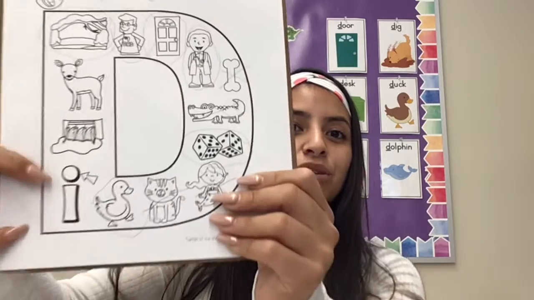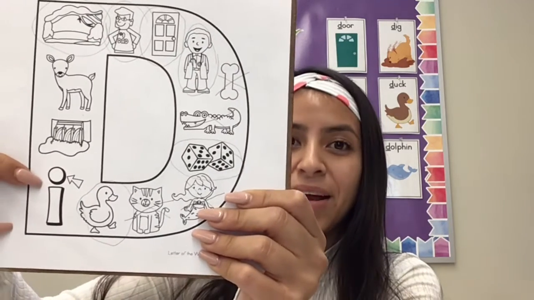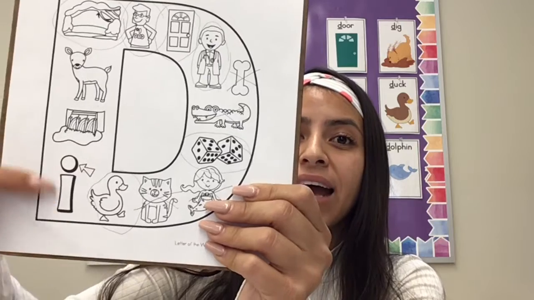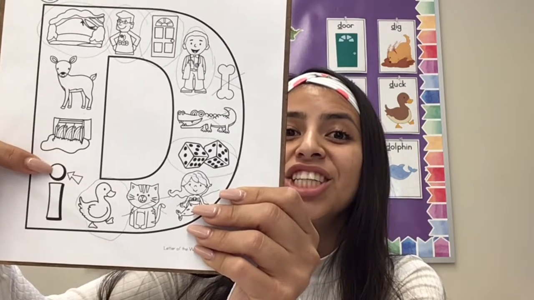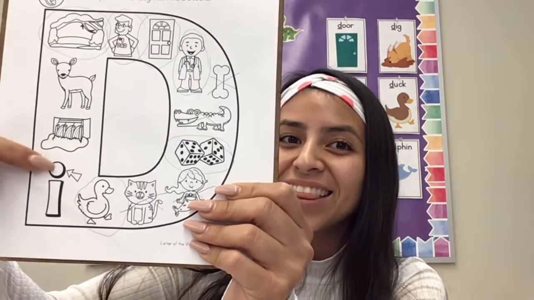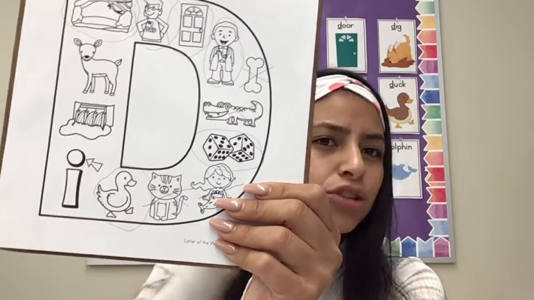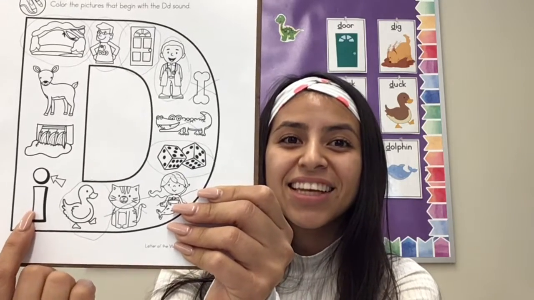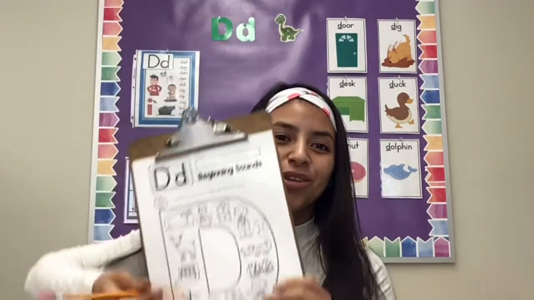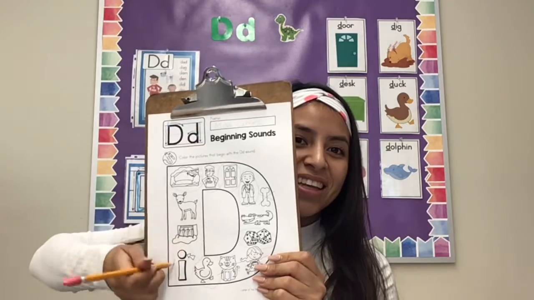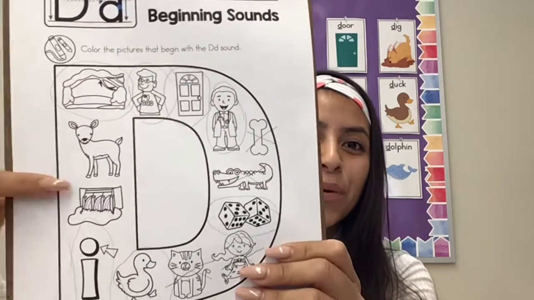Now we're going to move on to this. This is the letter I. But whenever you write your letter I, you put a dot at the top. This is called a dot. Now, do you hear that D sound in dot? Yes, I do. So go ahead and circle dot. All right, now we're gonna move up here.